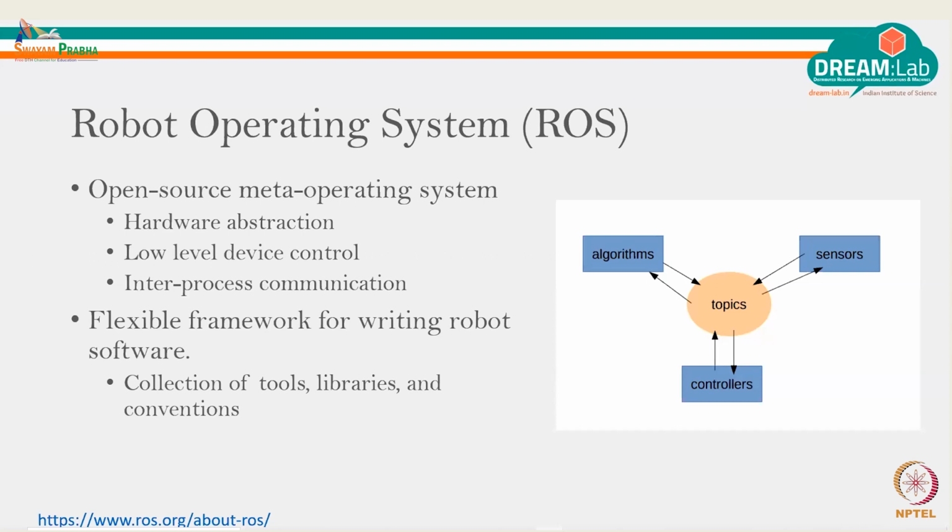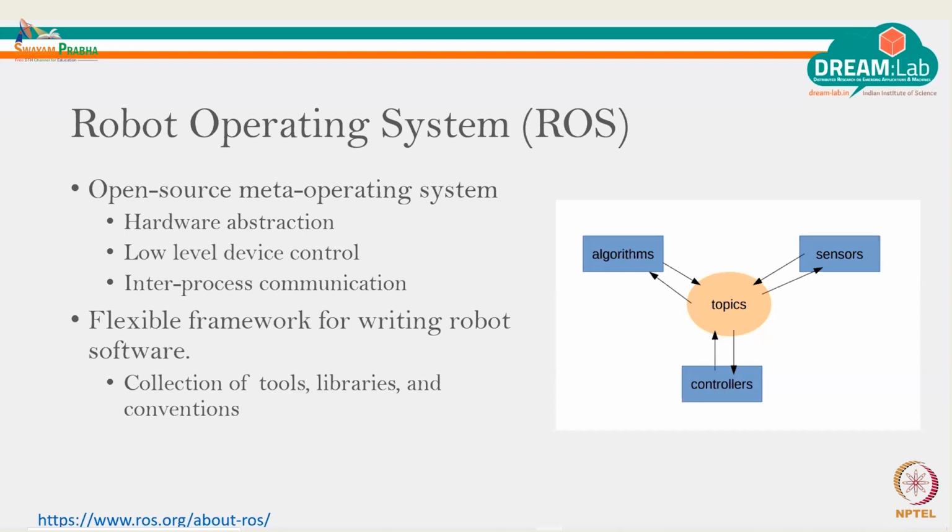ROS is basically an open source meta operating system for your robot, and it is not an operating system because it's not just about process management and scheduling. Rather, it provides a structured communication layer above the host operating system.